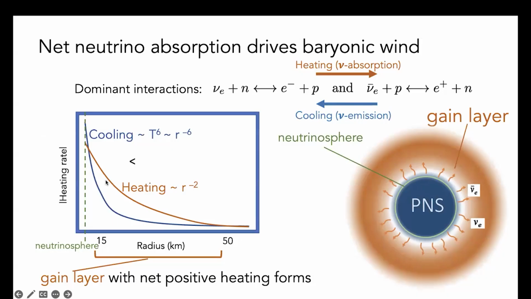So if you look at the heating and cooling reaction rates, it turns out that heating dominates in a layer between 15 to 50 kilometers. And so this is called the gain layer. The point is that in outflows, material is heated and driven outwards. And this is what forms this so-called neutrino-driven wind, just from these reactions.